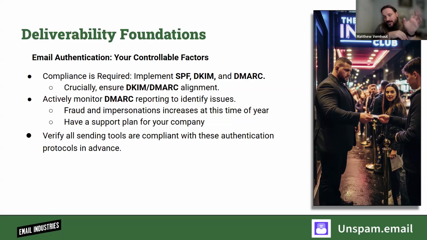SPF alignment is important, but not as important as DKIM DMARC alignment. So there are lots of email platforms that control and manage the SPF authentication for brands on their own domain. And then DKIM alignment becomes the main factor.